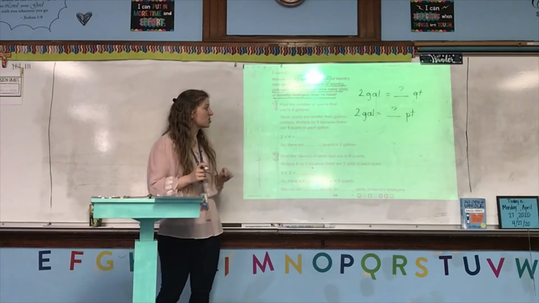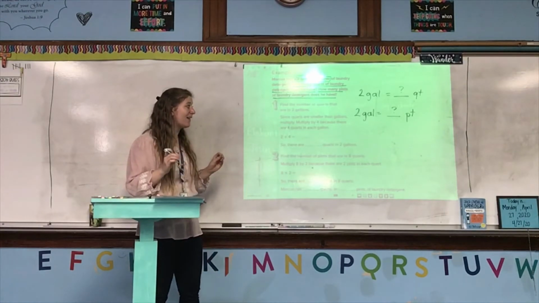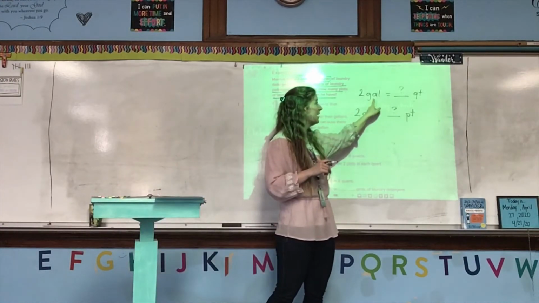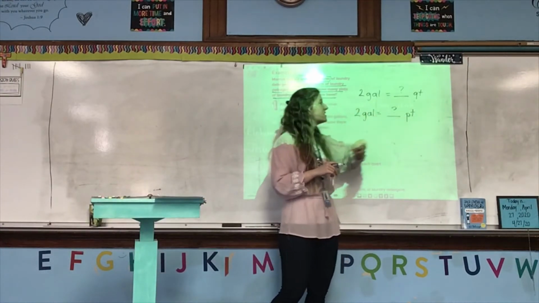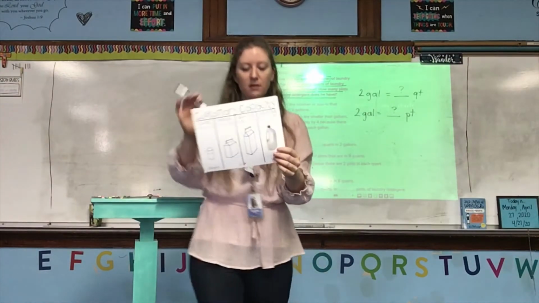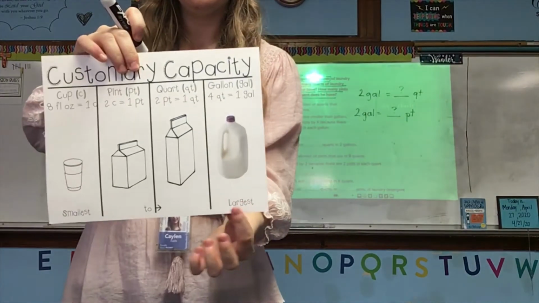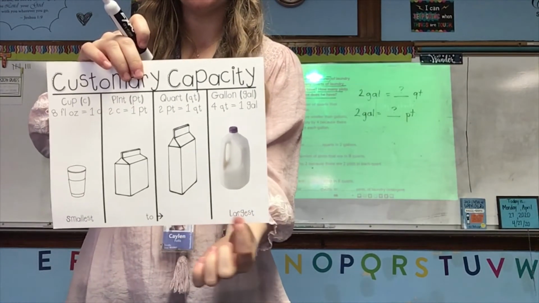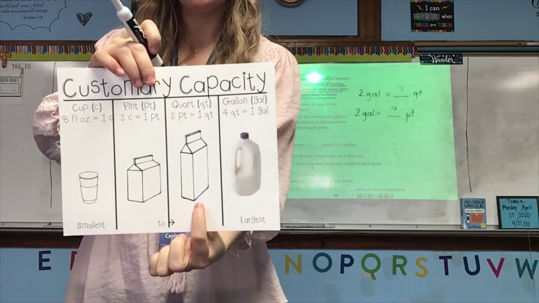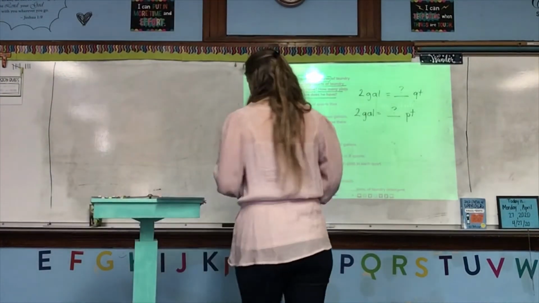It says, since quarts are smaller than gallons, we multiply. We're going from big to small, so we're multiplying. Gallons are on the right. Quarts are to the left. We know the gallons. We're trying to get the quarts. So we're going from big to small, so we multiply.